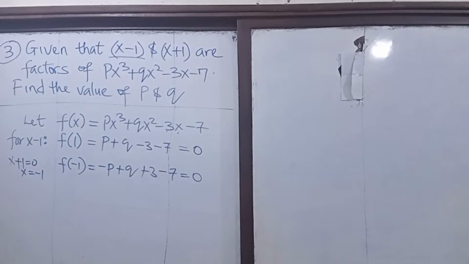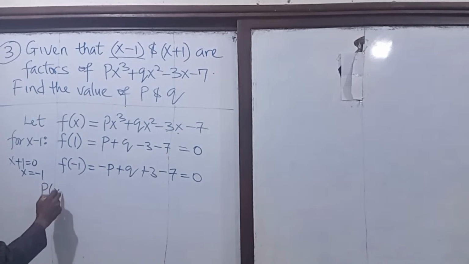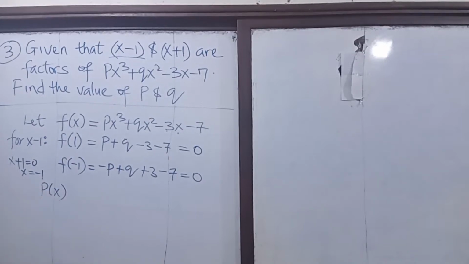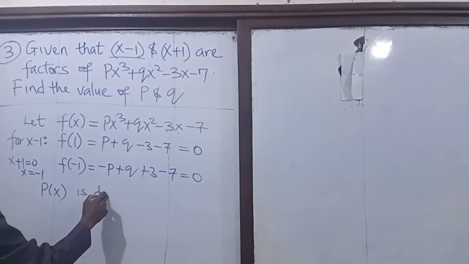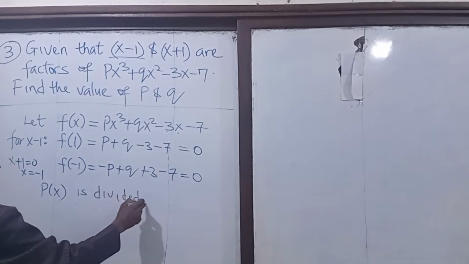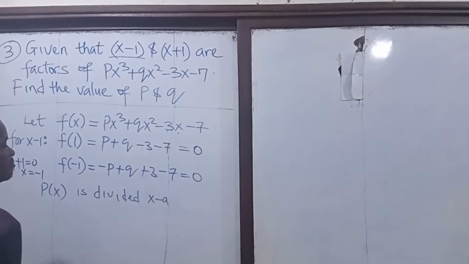And don't forget what we said from the intro, that if p of x, for example, is a polynomial and is divided by x minus a, the remainder will be what?